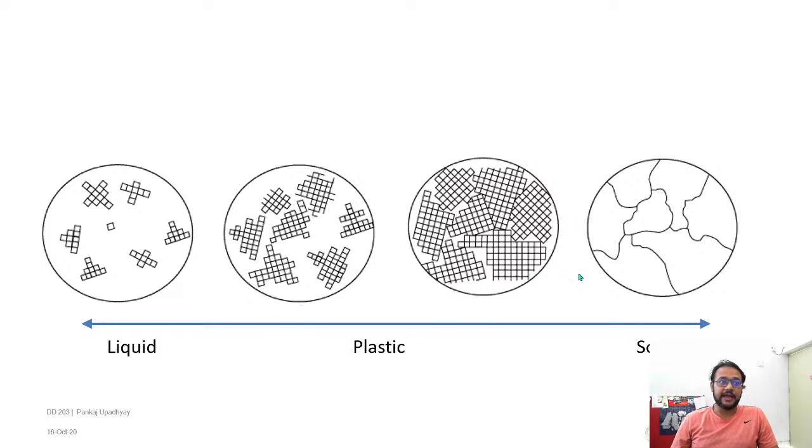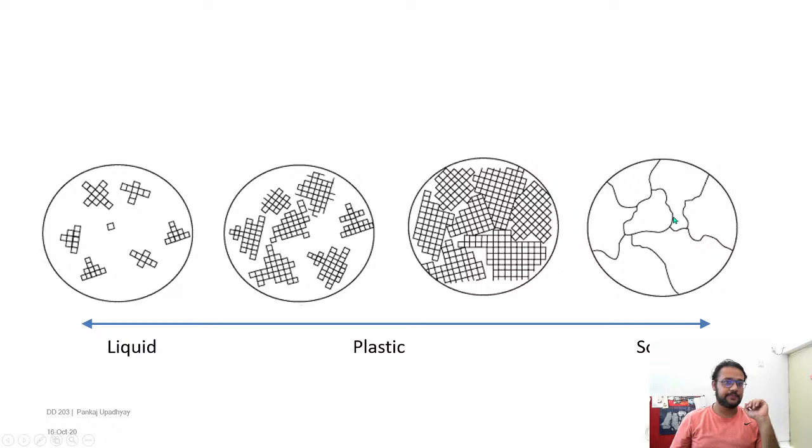And finally, we also discussed a lot of processes which consider materials in a solid state, like machining. Most machining operations are like this, and even some forming operations, sheet metal operations, consider material in the solid phase, right? So today we are going to talk about something that doesn't necessarily lie in this spectrum.